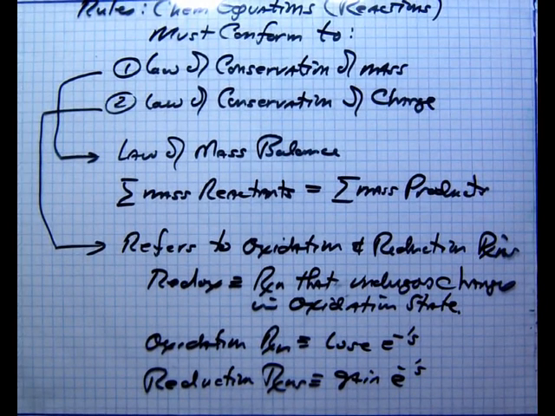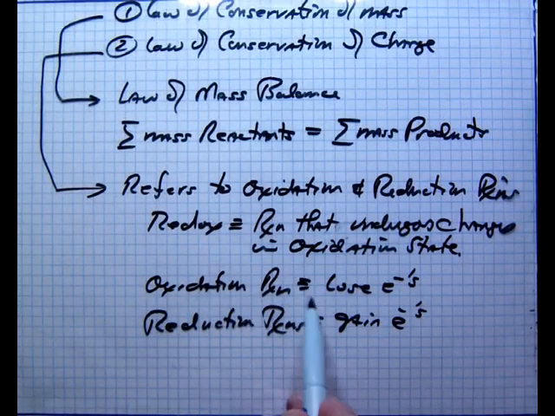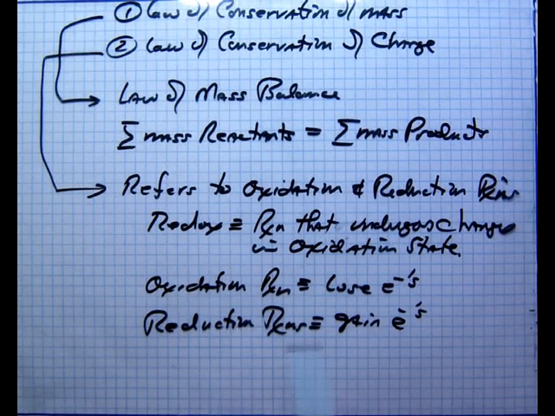Now, it is kind of a semantic issue here when we say lose electrons. Well, you don't really lose them, they're transferred from one element into the next. And when I talk about law of mass balance, the number of electrons lost must equal the number of electrons gained in the reduction process.